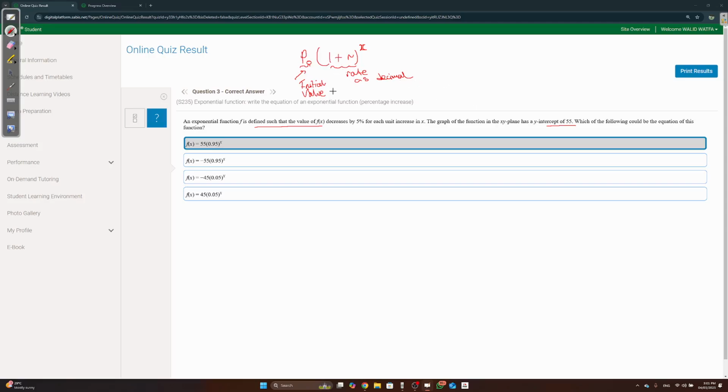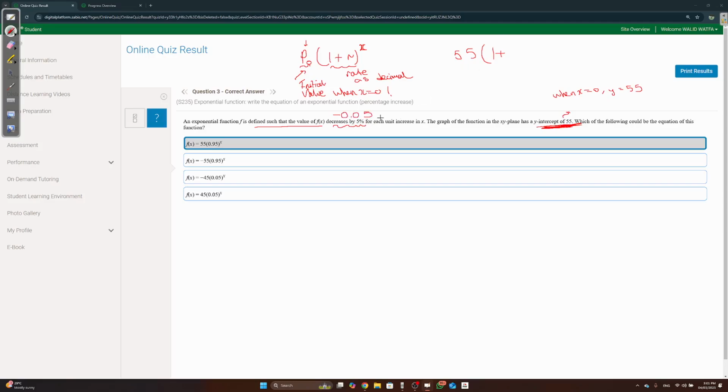The initial value is when x equals 0. Right? They said it has a y-intercept of 55. What does that mean? When x equals 0, y is equal to 55. So our initial value is how much? 55. 1 plus r. R is a decrease by 5%, so negative 0.05, right?